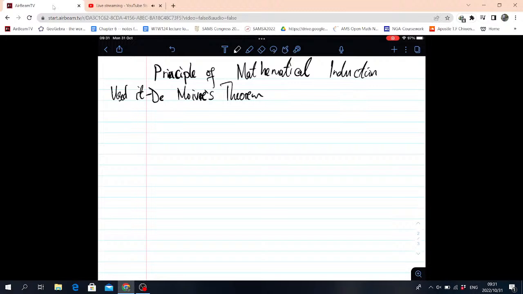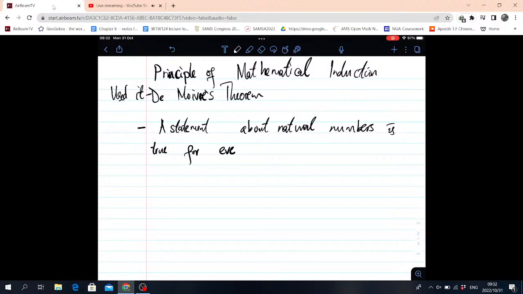So, number one, it is used to prove statements that are true about natural numbers. So if you've got a statement about natural numbers, this simply means that the statement involves some natural numbers, and it has to be true for every natural number, right?